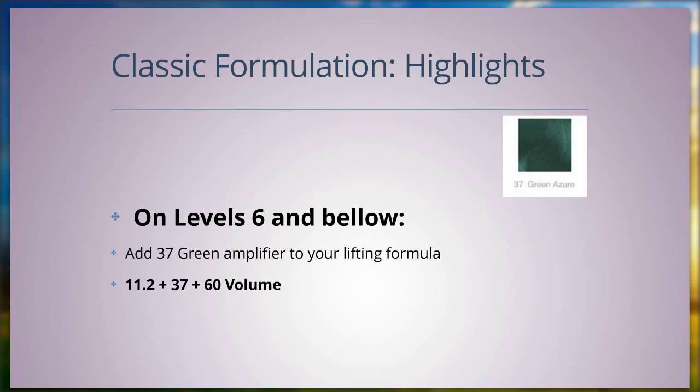Take 2 ounces of 11.2, 1/8 of an ounce of the 37 green amplifier, and 2 ounces of 60 volume developer, and highlight through the dark hair. As it lifts, it's also going to tone it. So on your level 6s and below, you're going to get natural looking caramel highlights.